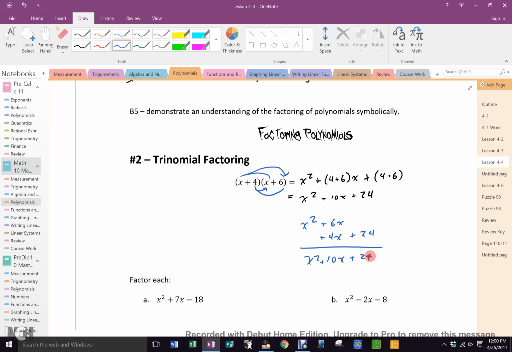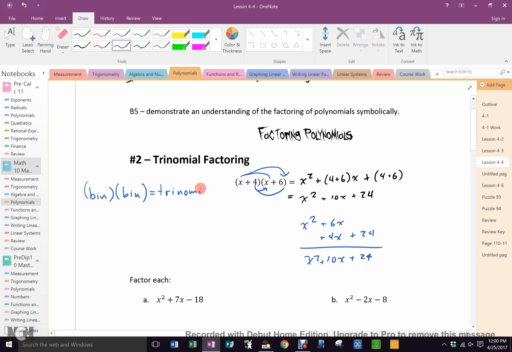Okay, now we have to think: a binomial times a binomial equals what? What do I get when I multiply two binomials? What do we call the 3 one? A trinomial.